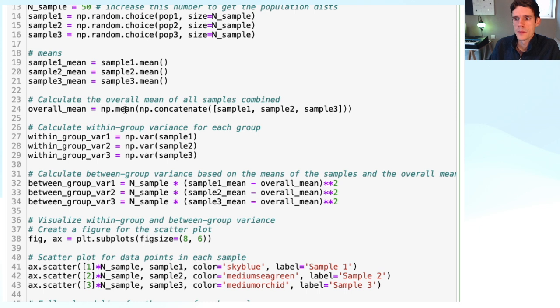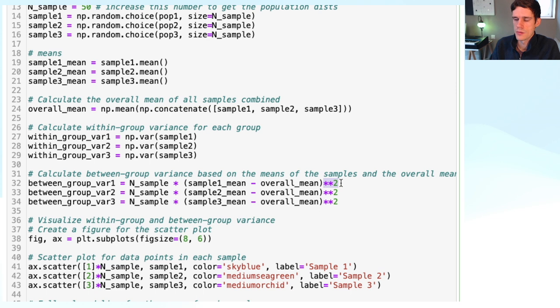The next step is to compute the within variances and the between variances. The within variances is very straightforward, just the variance of each sample data set. Now for the between variances, we look at the spread between our sample means and this overall mean. To do this, we first take the difference between our sample mean and the overall mean.